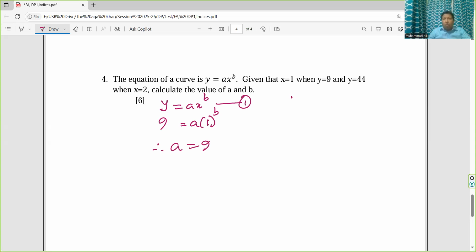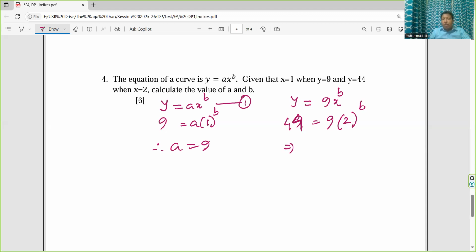Now y equals 9 x to the power b. We have to put here y value 44 and x value 2, so 9 times 2 to the power b.